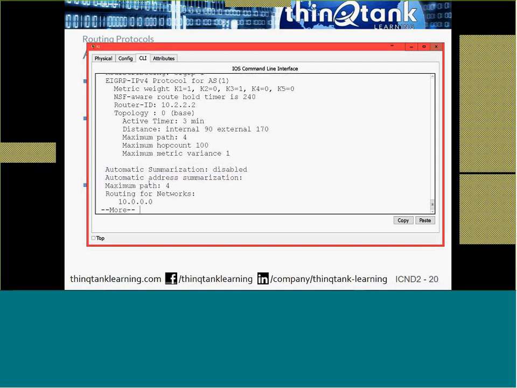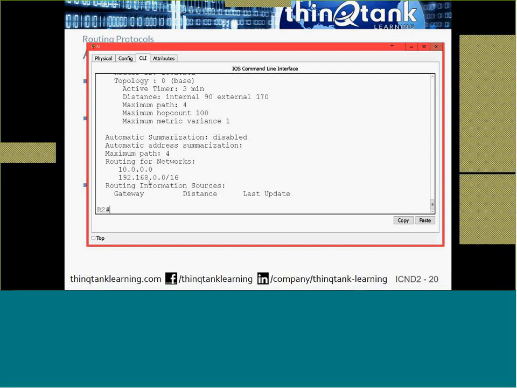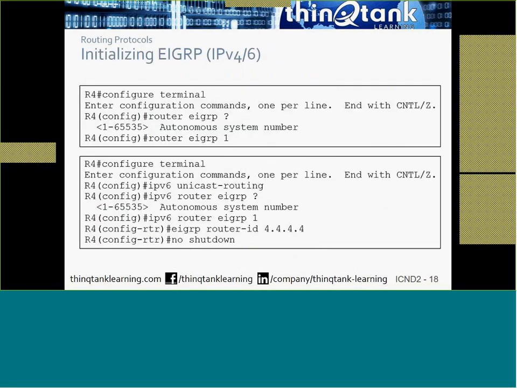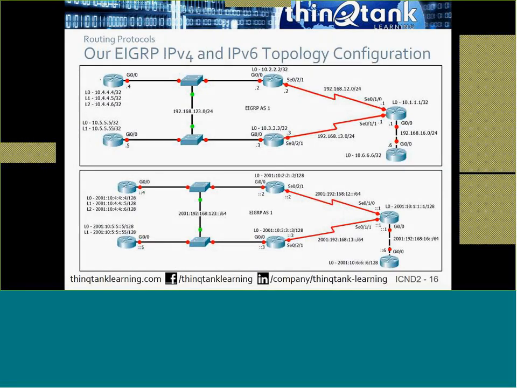But look at what the effect of auto summary is, all right? I do not want you guys to make this configuration change, but I do want to show you what I'm talking about here. Let me go back to the topology diagram. Actually, let me go ahead and use router 5. We've got these loopbacks on router 5, correct? 10.5.5.5 and 10.5.5.55.